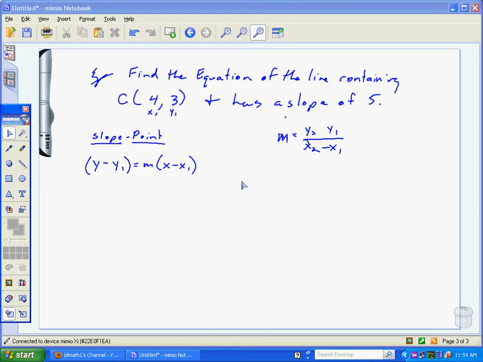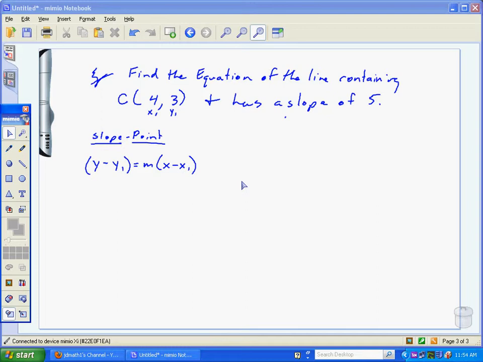Now, because we don't have that second point, I'm going to erase the y2 and the x2, and multiply up the x's, and that looks like m times x minus x1 equals y minus y1, and hence the slope point formula. Opposite, but you get the idea. I'm going to erase that because that's just showing you where it comes from.